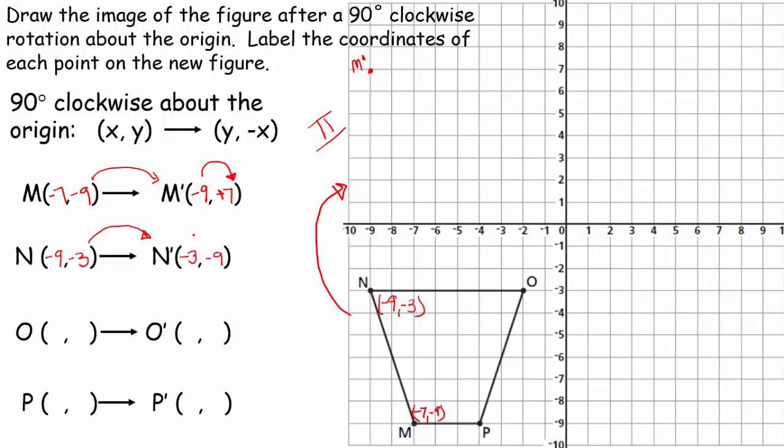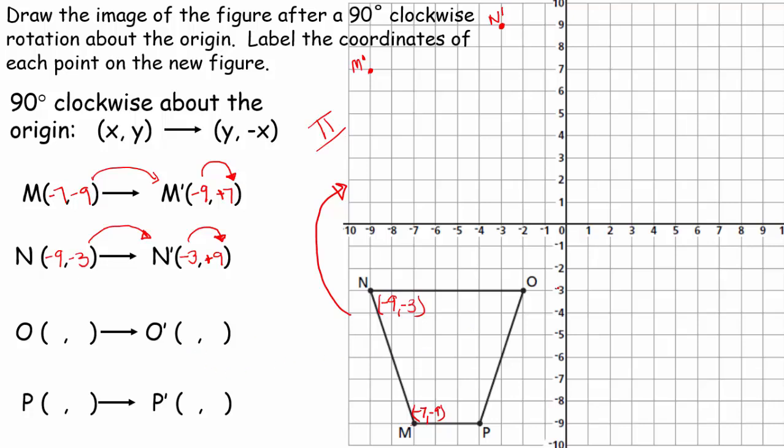Now, because I'm moving my rotation 90 degrees to the right, I have to change the sign on that 9 to make it a +9. So let's go ahead and graph that and make sure that one is in the second quadrant. I'm at -3 all the way up here to 9, and that is point N prime.